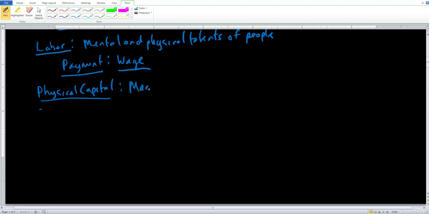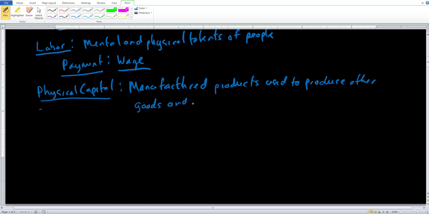So formally, this is manufactured products used to produce other goods and services. So physical capital: manufactured products used to produce other goods and services.